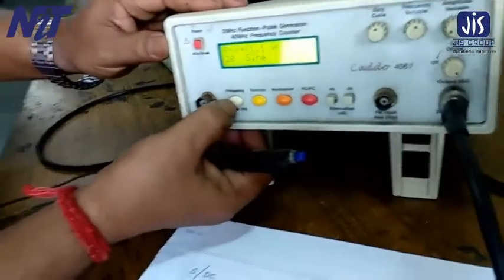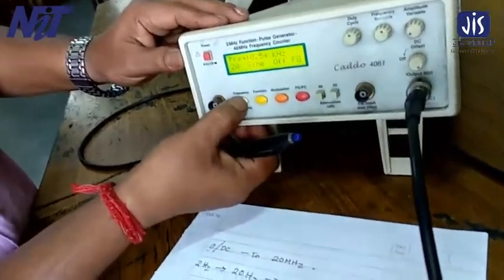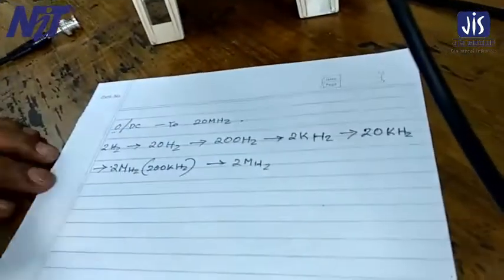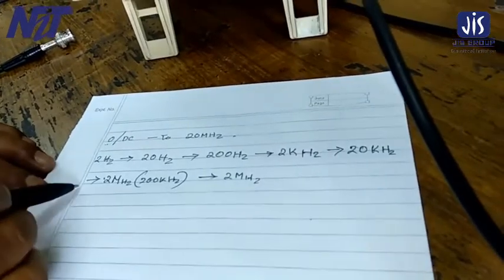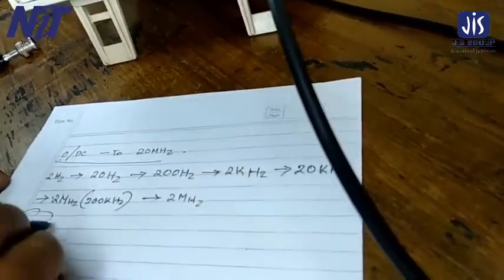Again, as I already told you, the switch is malfunctioning, so no problem. This is the actual scenario, how you will get this range, and how this entire spectrum has been divided into 7 ranges.